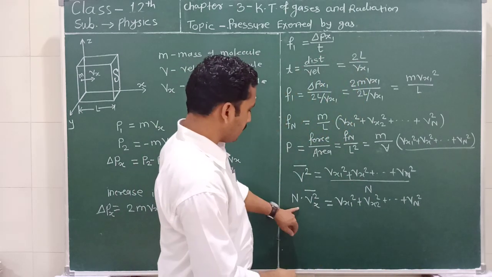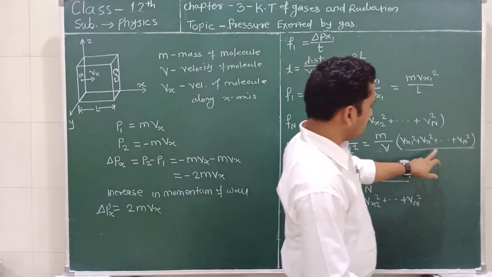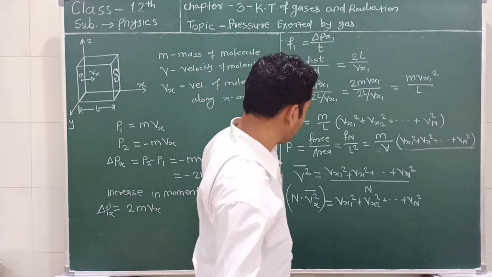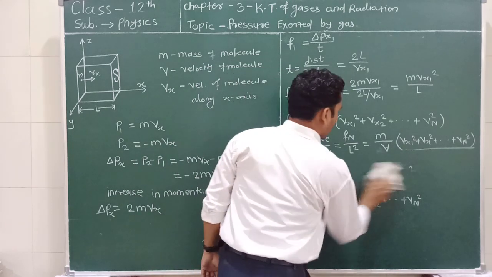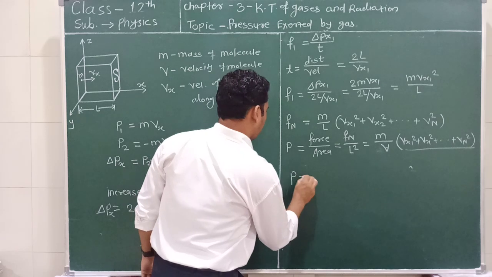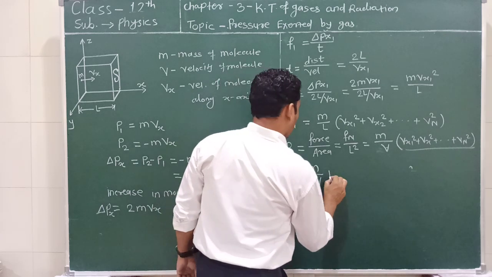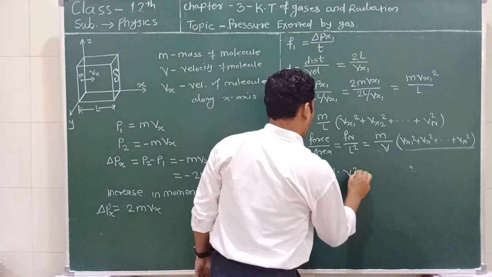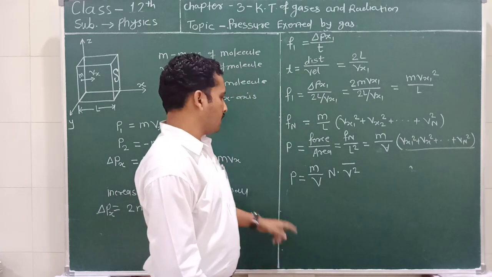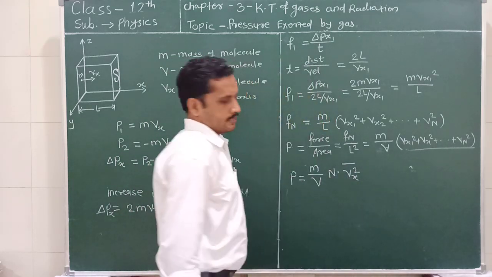So n multiplied by Vx square bar is equal to this, and this term is replaced by this term. So we can write the pressure P is equal to m divided by V into n into Vx square bar. This is the pressure exerted by the gas molecules on the wall of the container along the x-axis.